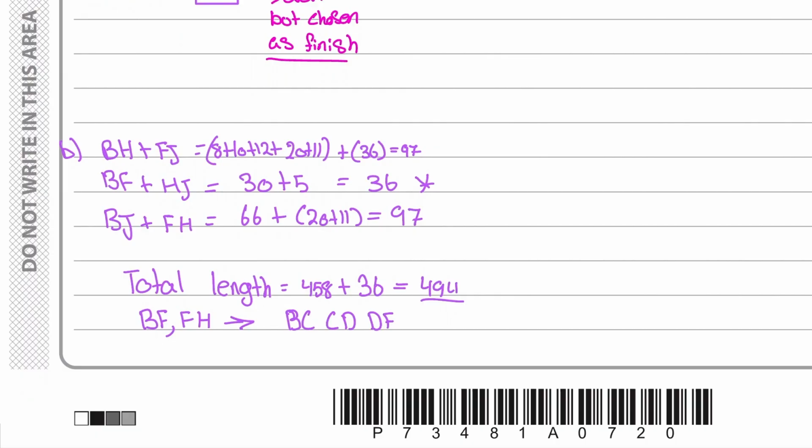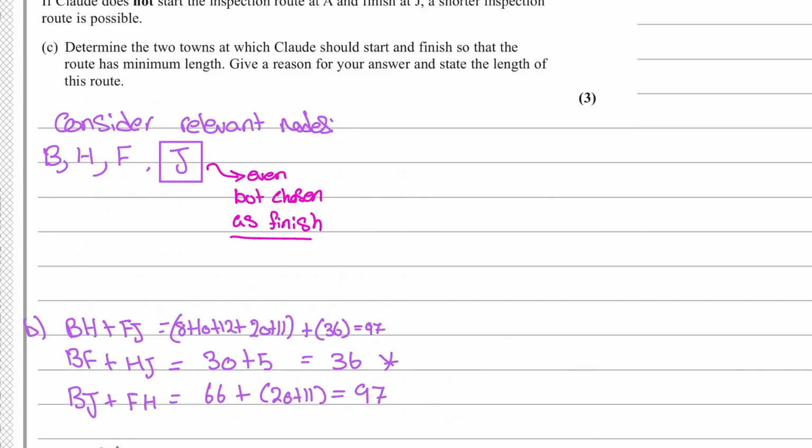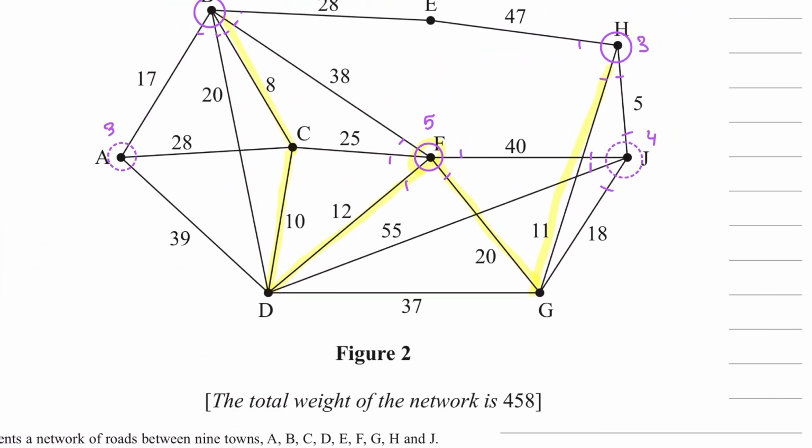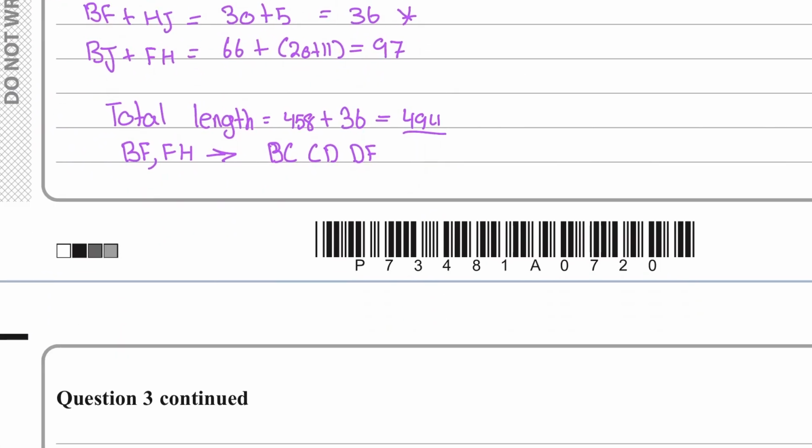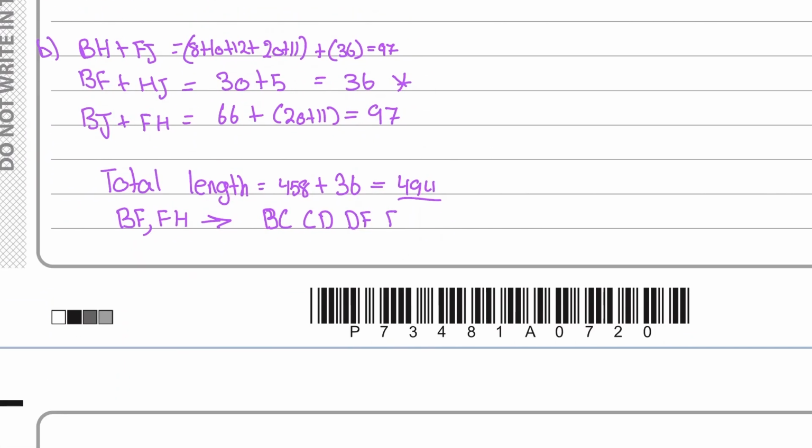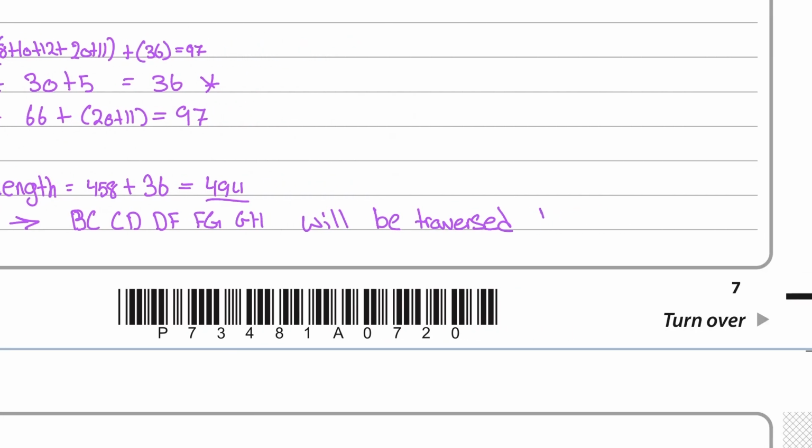And then we want to repeat, which one is it? FH, which is FG and GH. So let's just write these down. FG and GH will be traversed twice.